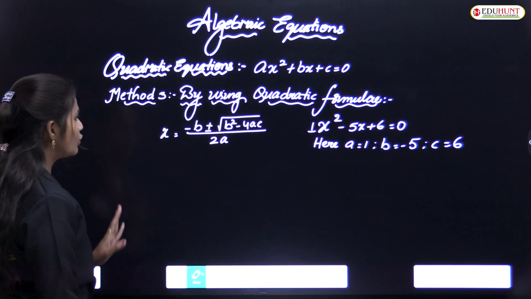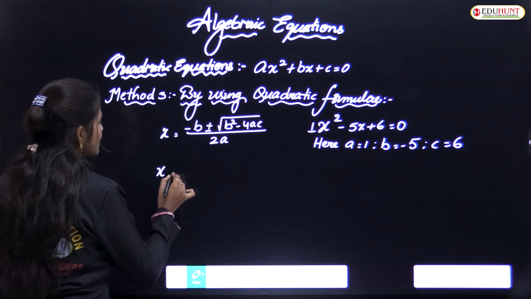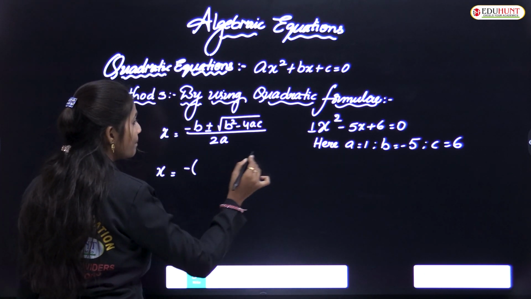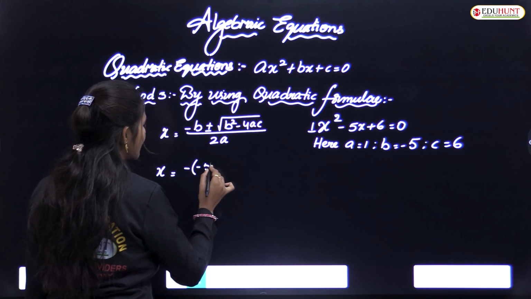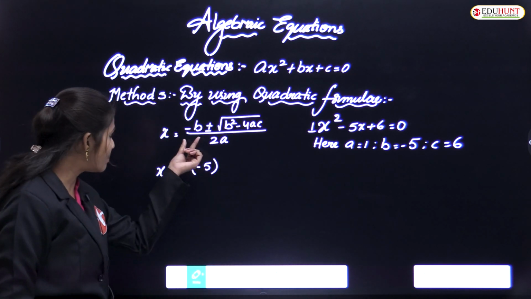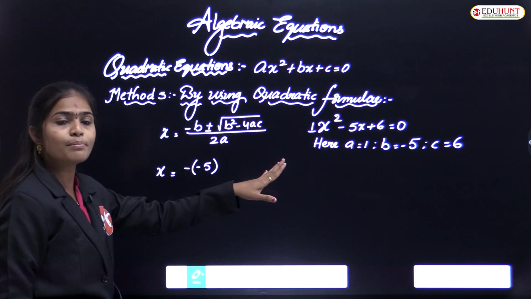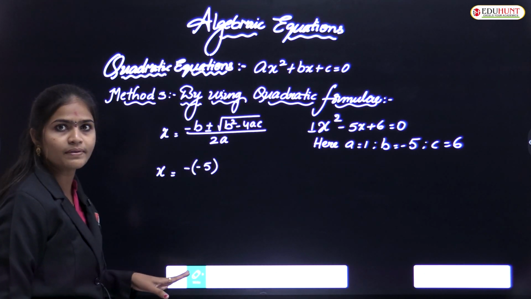Now we need to find x. So x is equal to minus b. Minus of b value, where b is minus 5, so we write minus, minus 5.